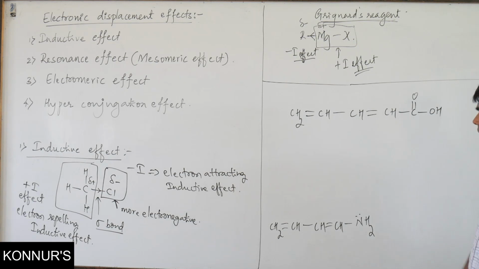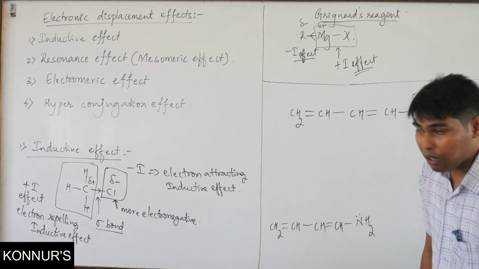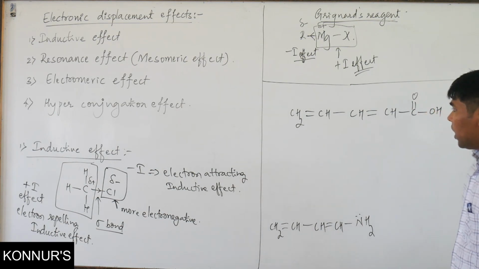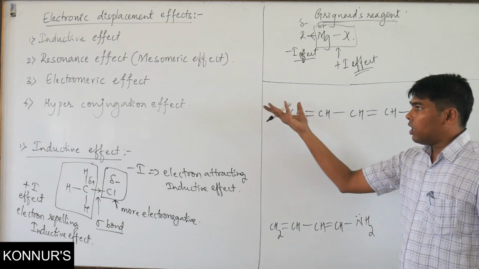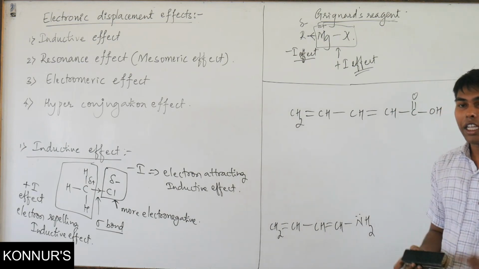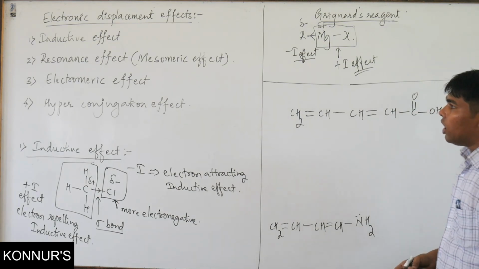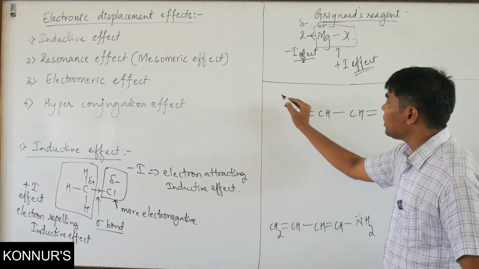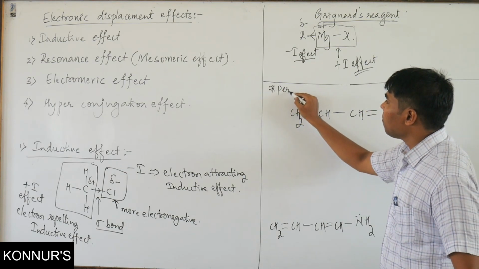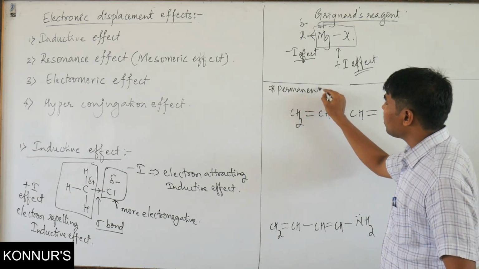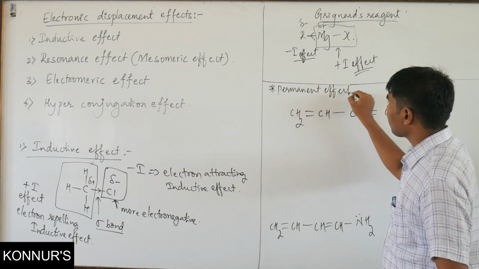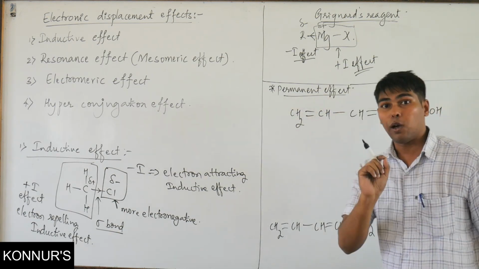Here I have written two species, two organic compounds in which the resonance effect or mesomeric effect takes place. A resonance effect is a permanent effect whereby polarity is produced.